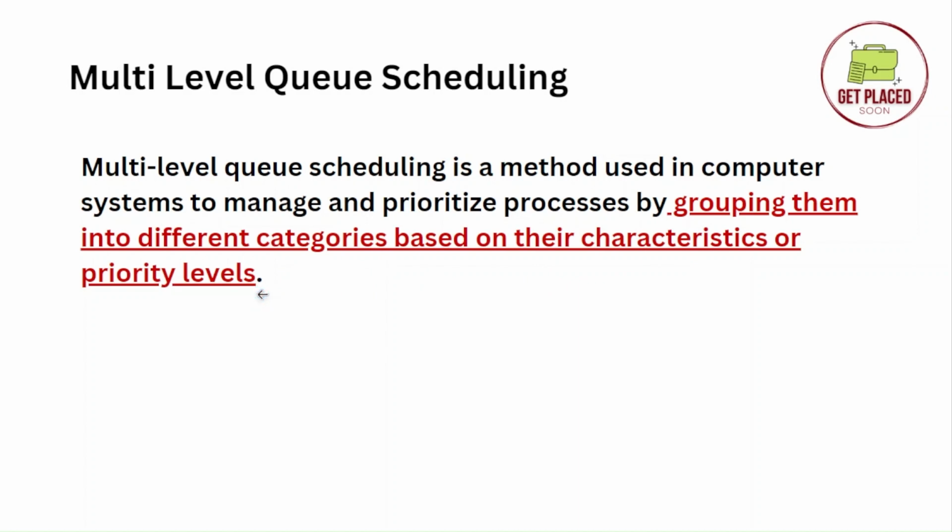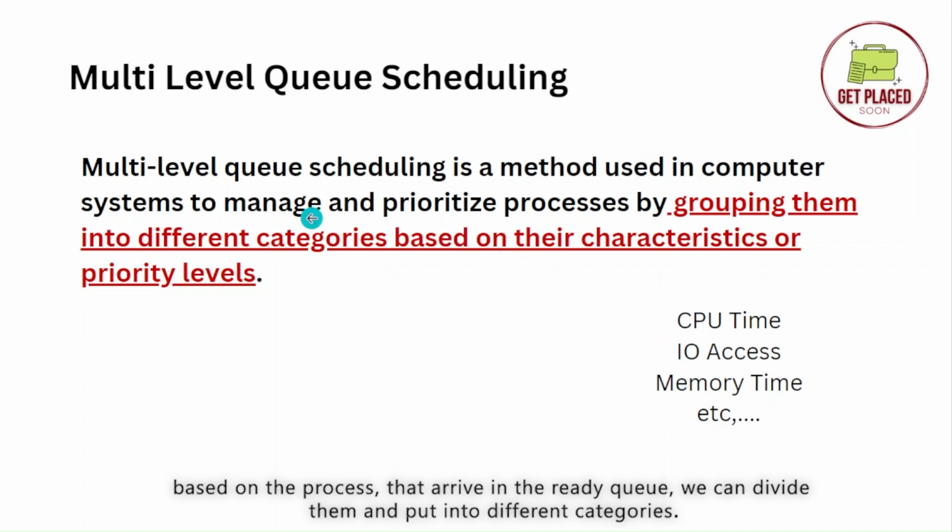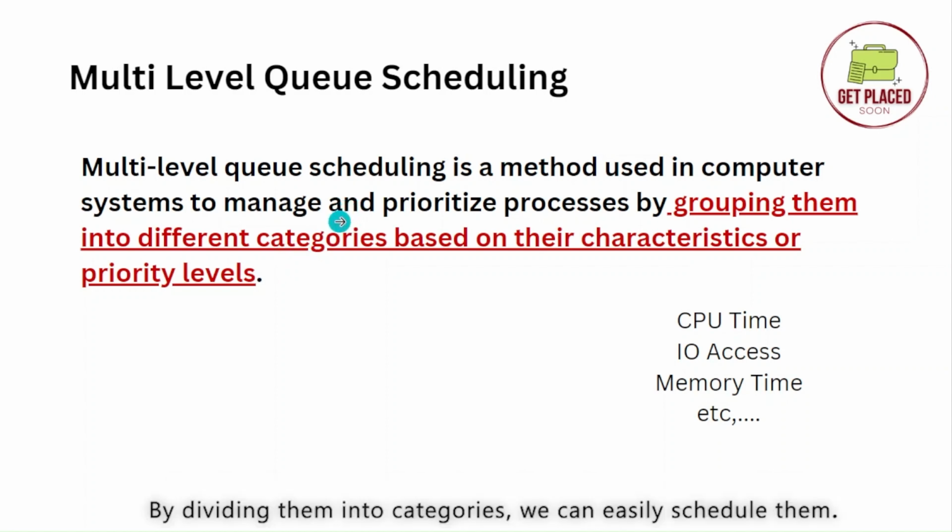By characteristics, I mean, for example, CPU time, input-output access time, memory time, all these things come under characteristics. Based on the processes that arrive in the ready queue, we can divide them and put them into separate baskets, into different categories. And by dividing them into categories, we can easily schedule them. So this is the concept behind multi-level queue scheduling. Now let's see in detail how it works.